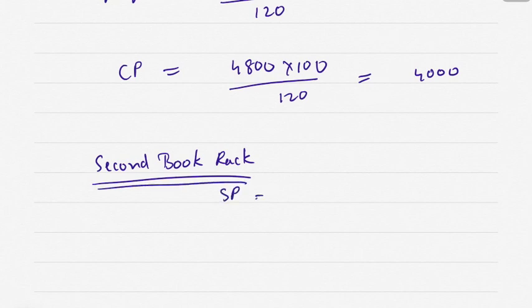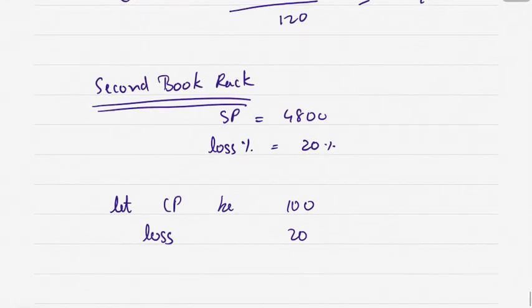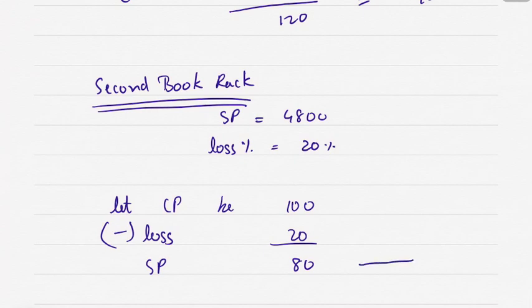On second book rack, selling price is given as 4,800, which is the same, but loss percentage is given, which is 20%. You have to find out cost price as well as loss. Okay, find out both. So let cost price be 100, then loss will be 20, then selling price will be 80. Correct? And this 80 is 4,800.